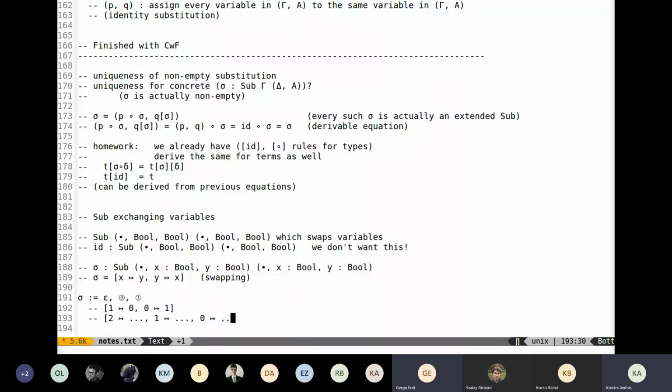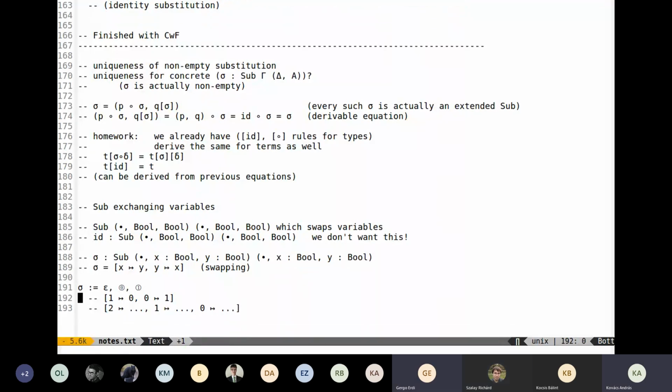But is that epsilon, Q and Q composed with P? If we unfold the definition, then it's Q, and not composed, but substituted with P. When we evaluate this, we basically work from the right.